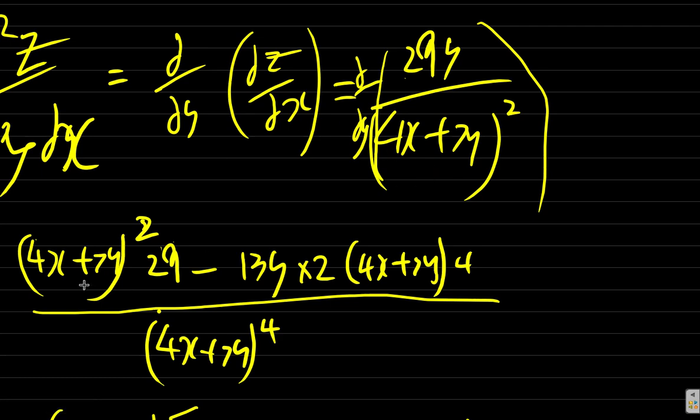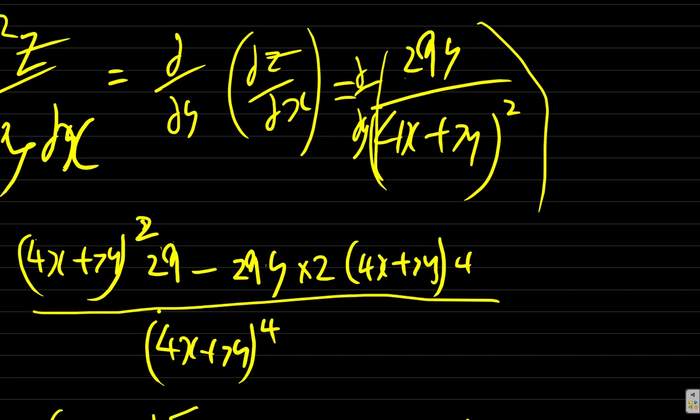Notice we hold the bottom, the (4x + 7y) squared, times differentiate the top with respect to y, so we have 29, minus hold the top, which would be 29y, times differentiate the bottom.